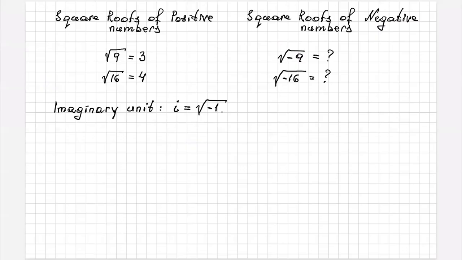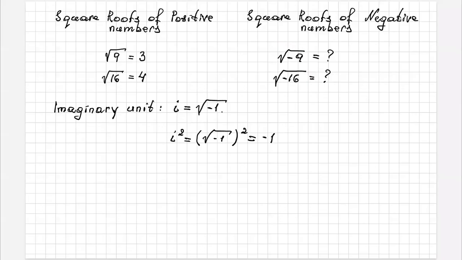This notation, marked as I, is called an imaginary unit. And it has a very important property: if I is equal to the square root of negative 1, then I squared is the square root of negative 1 squared, which is negative 1.